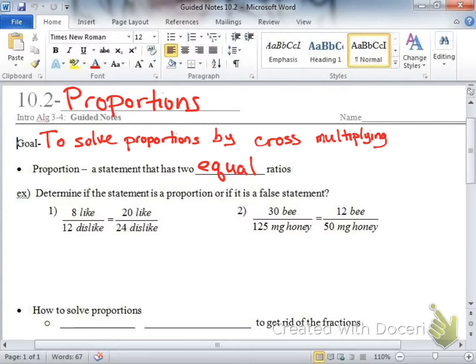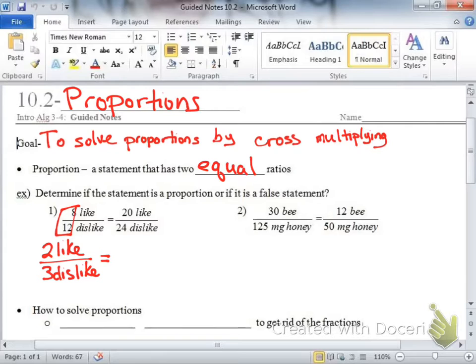First, let's reduce. So, can anyone tell me what 8 over 12 equals? You can use the ABC button on your calculator. So 2 over 3? So I am just simplifying or reducing each ratio.